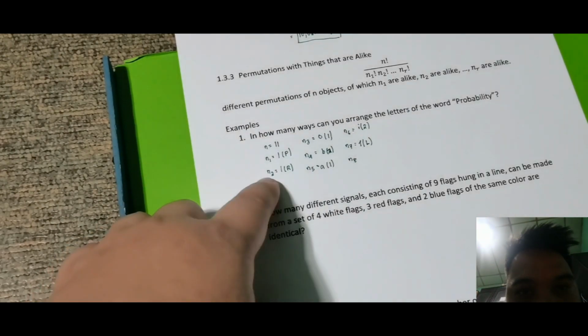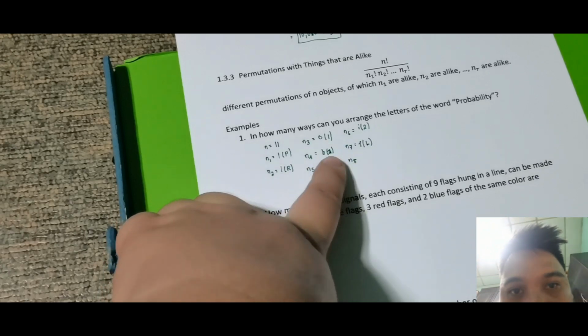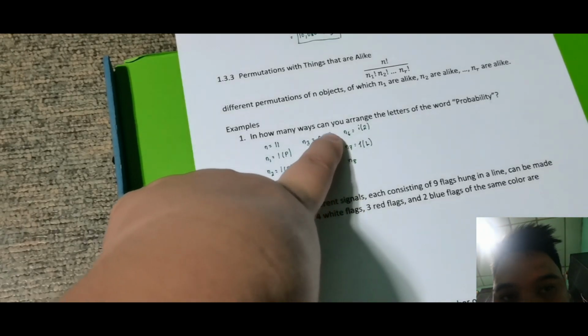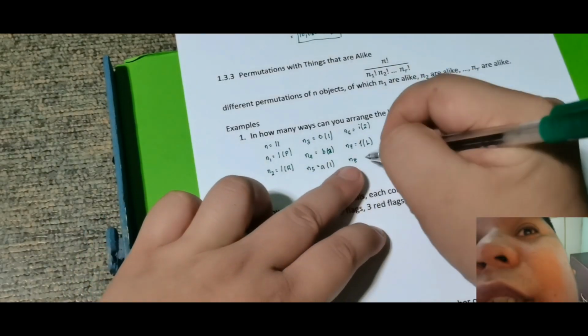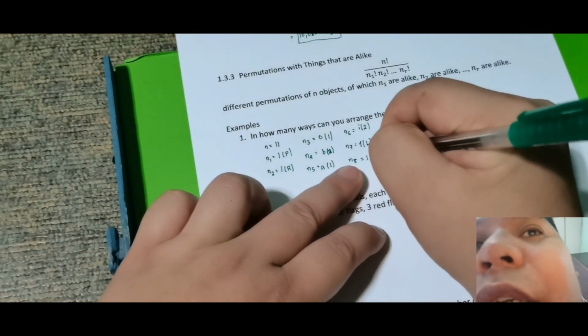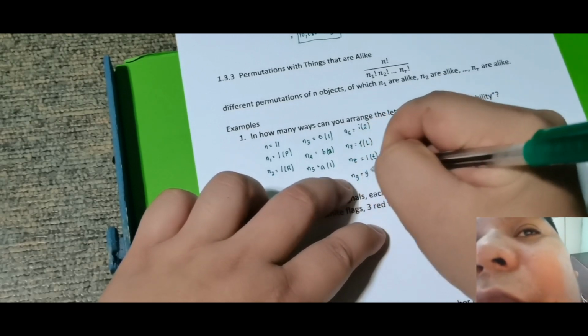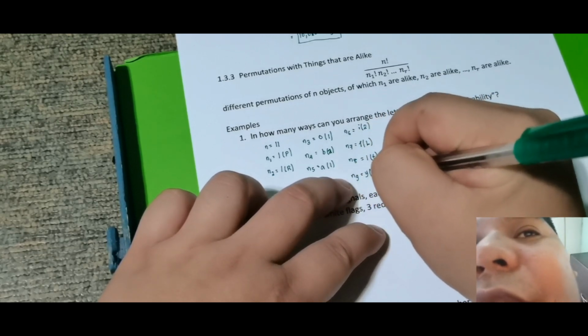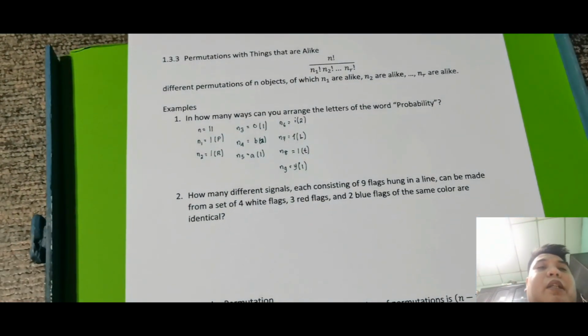Probability. So dalawa na yung letter B. Bility. So dalawa yung I. Tas Y. O T isa. So N8 is T. Isang T. Then for N9, that is Y. So that is Y, isa lang. Okay, so ganyan yung gagawin natin.